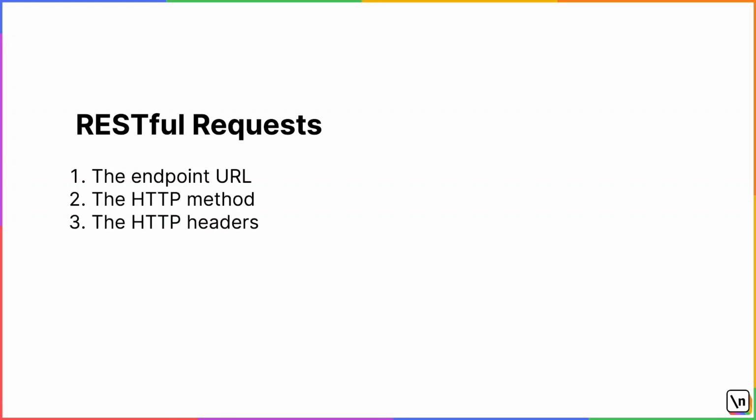The resources provided by these responses are usually in the form of JavaScript object notation, or JSON. So a RESTful request is composed of 4 parts. First, the endpoint URL, then the HTTP method, the HTTP headers, and then the body data. Let's dive a little deeper and look into these 4 parts of requests.